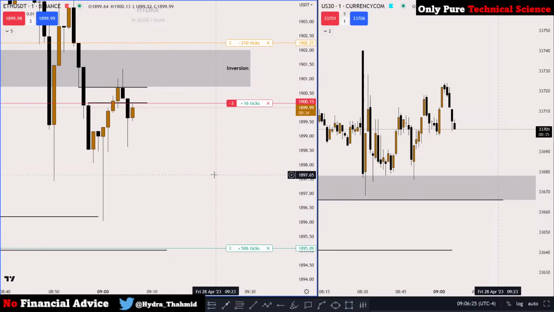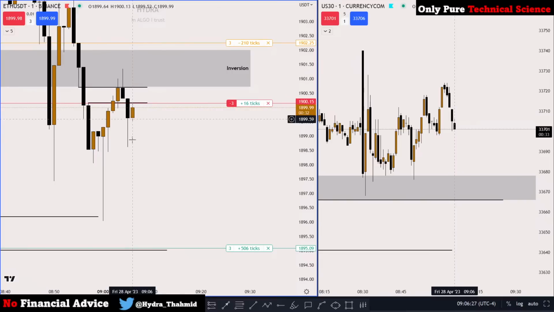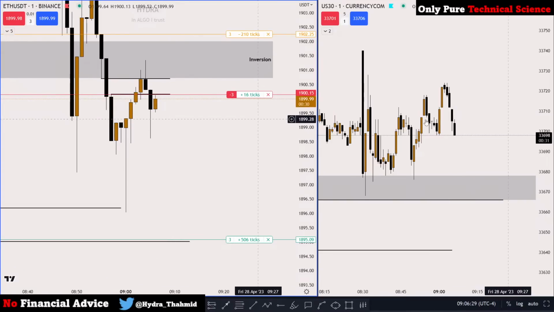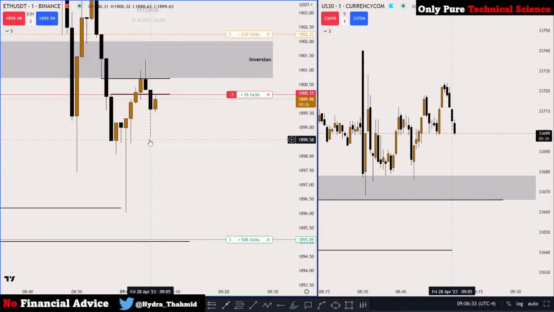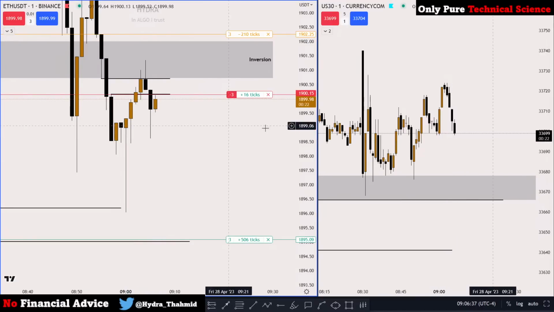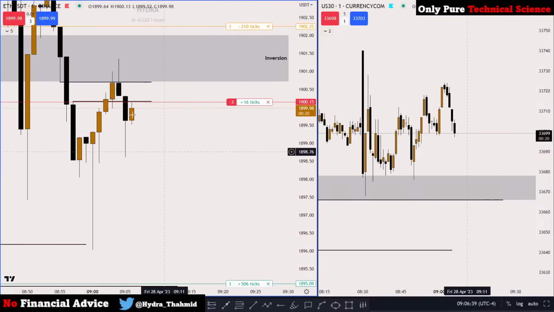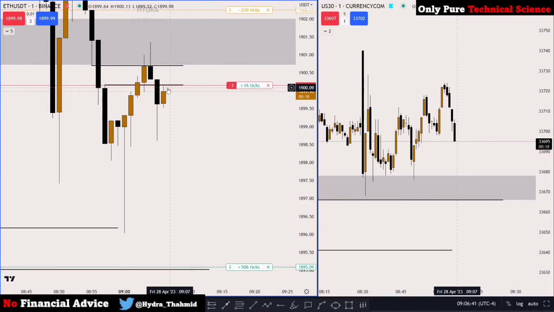If you have no experience trading crypto, you will fear the move here because it does not move like indices. Look at that, crypto is very volatile. Suddenly out of nowhere it just stopped here. This candle paused here, right? And suddenly it will become volatile. It will drop quite hard and then stop for a couple of seconds like this, and then it will drop or go above like this.